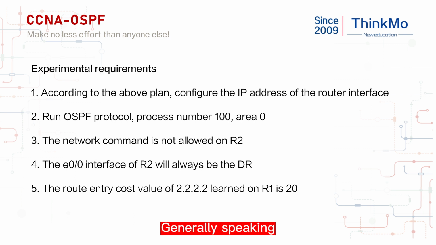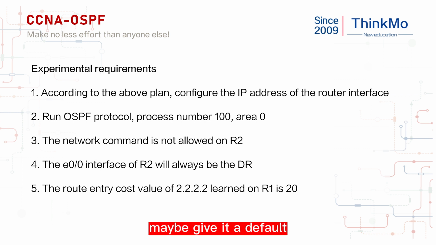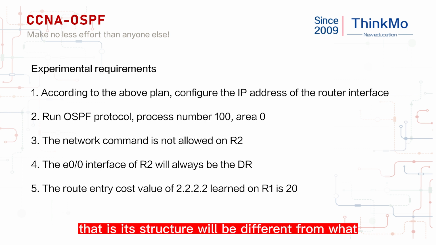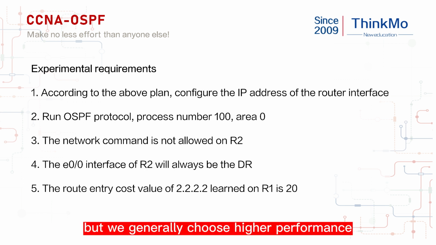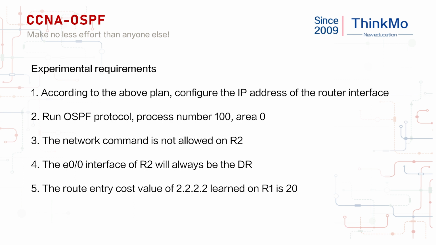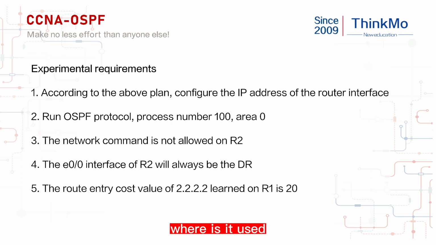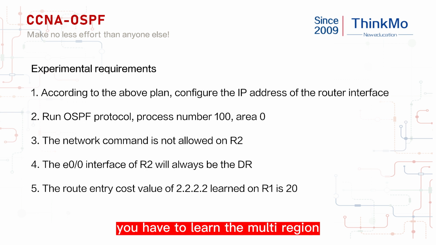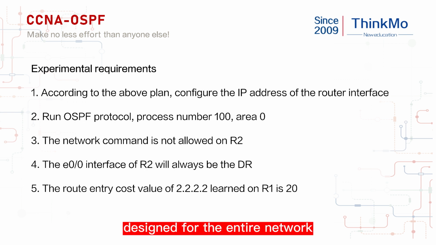Generally, we will run OSPF between the egress and the lower devices, maybe giving it a default route, so the structure will be different from what we talked about today. But we generally choose higher performance. It's okay, you have to understand where the various devices are used. First of all, you have to learn multi-area and see how it is designed for the entire network.